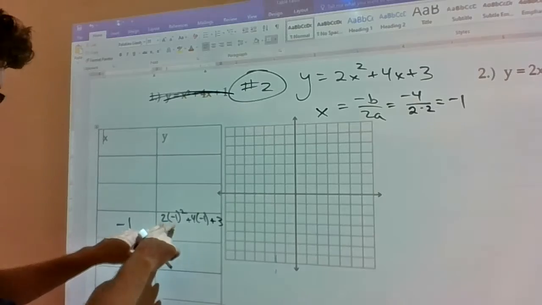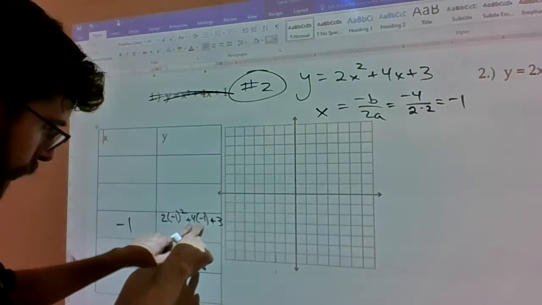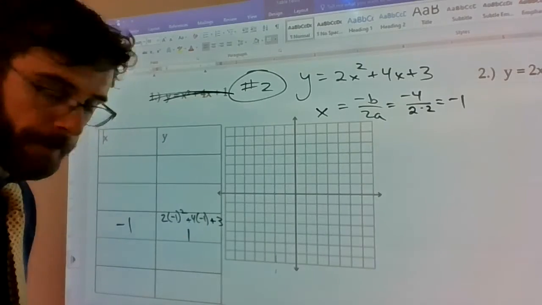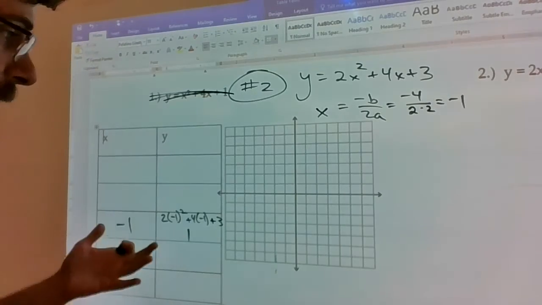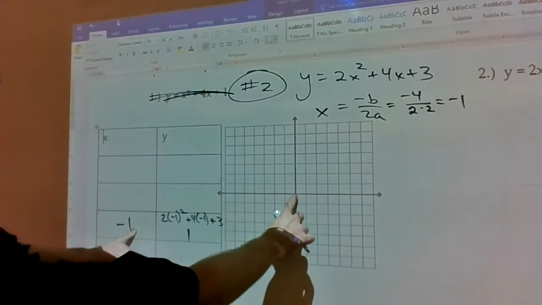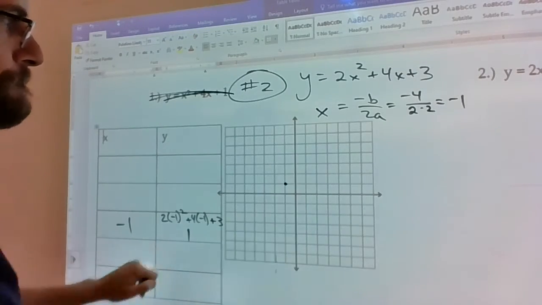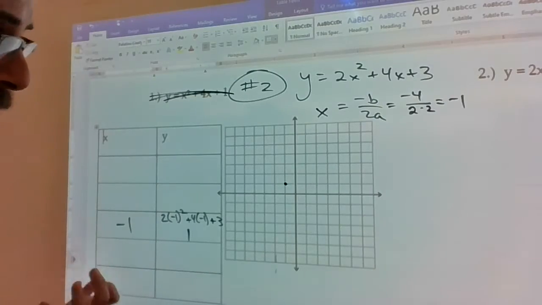So this becomes 2 minus 4 plus 3. That turns out to be 1. So my first point that I'm going to plot is left 1, up 1. And there's my starting point for this parabola.